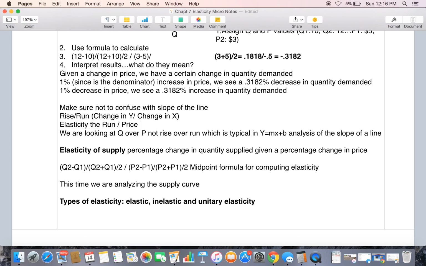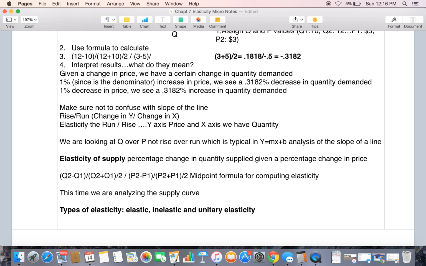Because we are looking at the y-axis, actually, and I just did this on accident, so the run over the rise, where we have on our y-axis, we have price, and our x-axis, we have quantity.